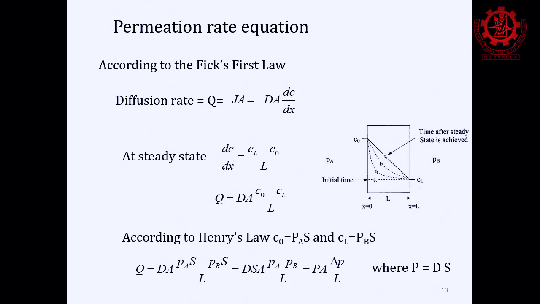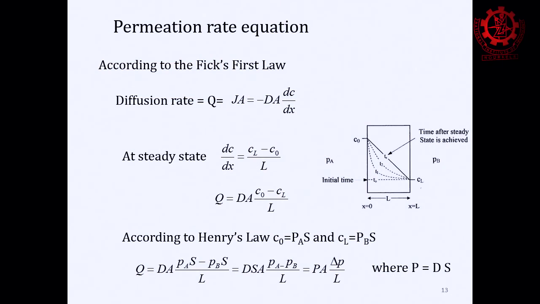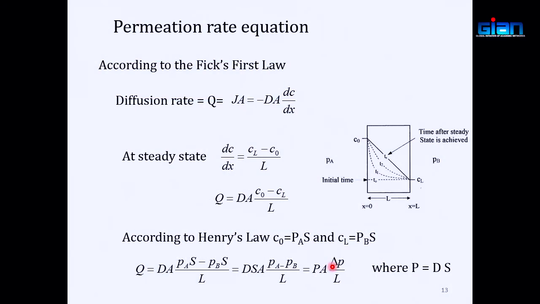So for example, if you do vacuum packaging, right, inside you have absolutely no gas, and you're looking at the gas exchange, the oxygen exchange from outside to inside. What would be the delta P? What is the partial pressure of oxygen in the atmosphere? 0.21, if you think in terms of the atmospheric pressure. In terms of kilopascals, it's 101.310 kilopascal multiplied by 0.21.